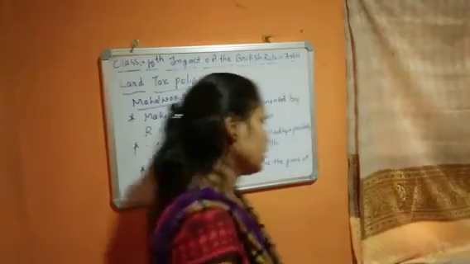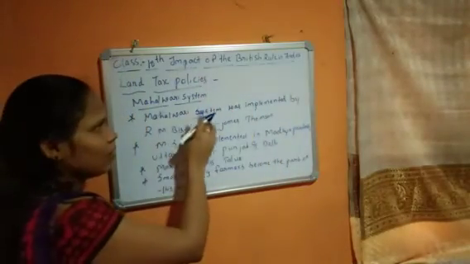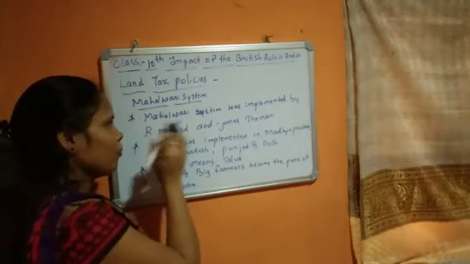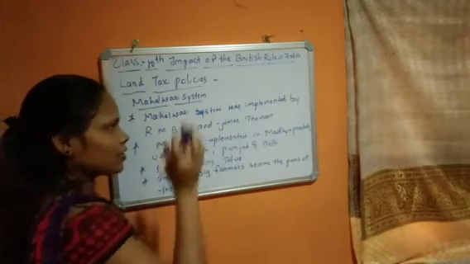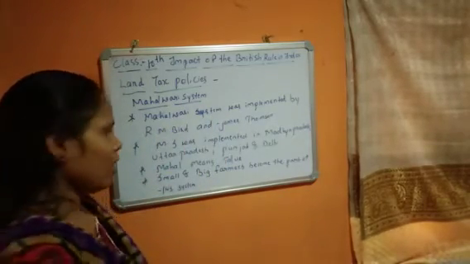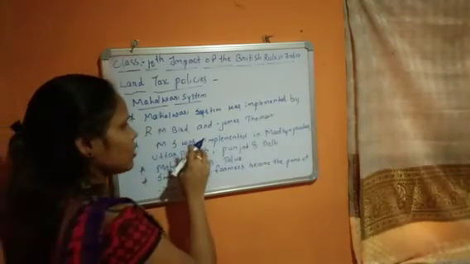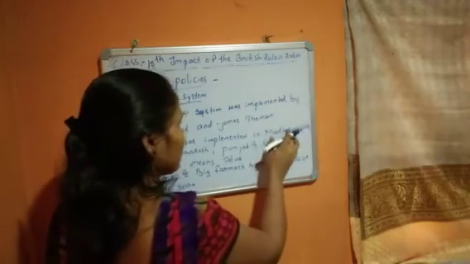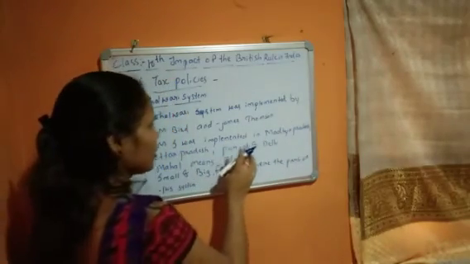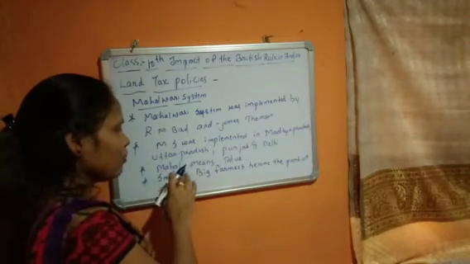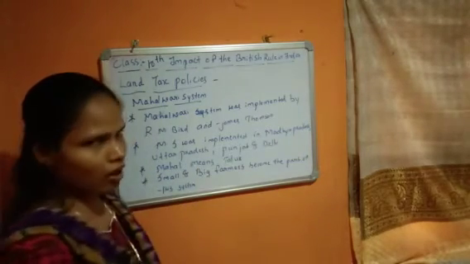Okay, clear this? So Mahalwari system was implemented by two people, R.M. Bird and James Thompson. And it was implemented in Madhya Pradesh, Uttar Pradesh, Punjab and Delhi. What is the meaning of Mahal? Mahal means taluk.